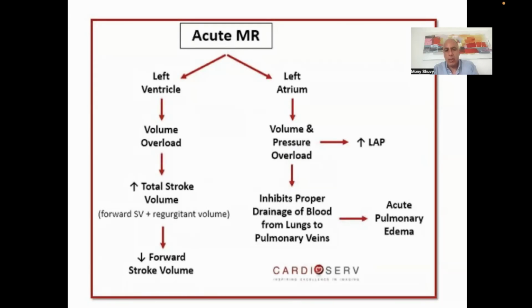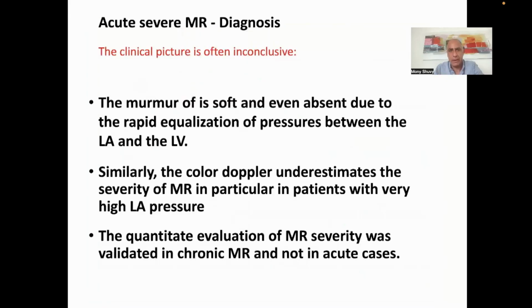The forward stroke volume is decreased because most of the blood is going back to the left atrium, and those patients have cardiogenic shock and signs of oliguria and other signs of hypoperfusion of vital organs. This is the mechanism of the acute MR, regardless of the etiology of the MR.